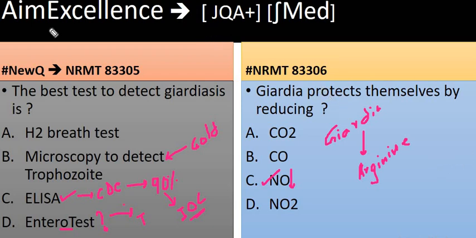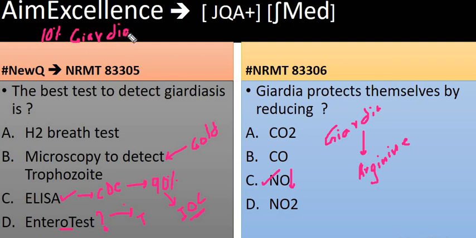Now regarding giardiasis and Giardia, a few things are very important. 10% of cases are going to be asymptomatic. Giardia is a flagellate. Flagellate means the protozoa is going to be with flagella.